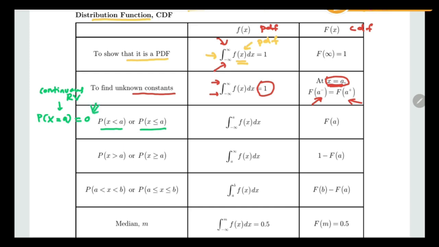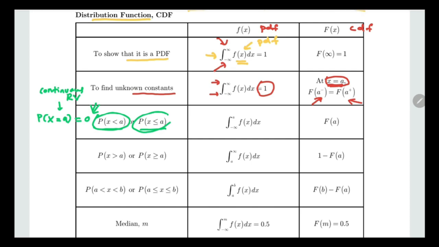When it's exactly equal to a, it doesn't give you any error, since continuous refers to area bounded, so it should be in a range. So P(X < a) is equivalent to P(X ≤ a), because P(X = a) gives you 0.